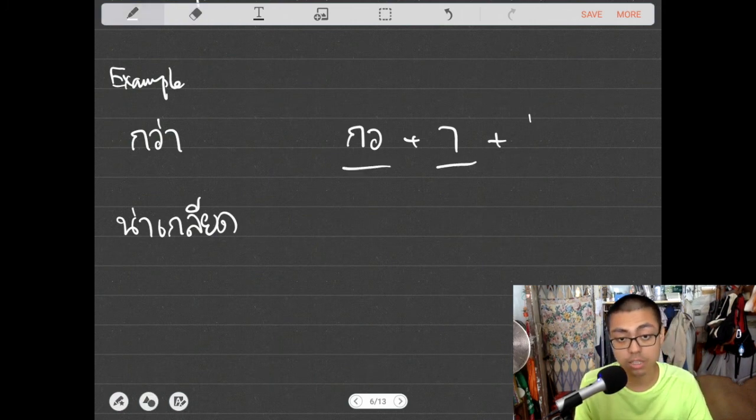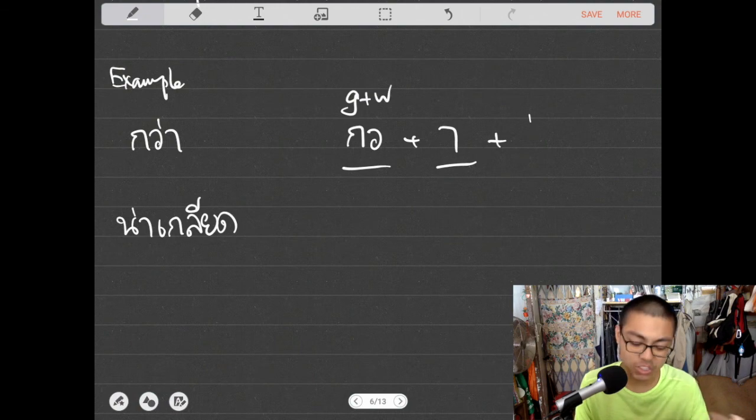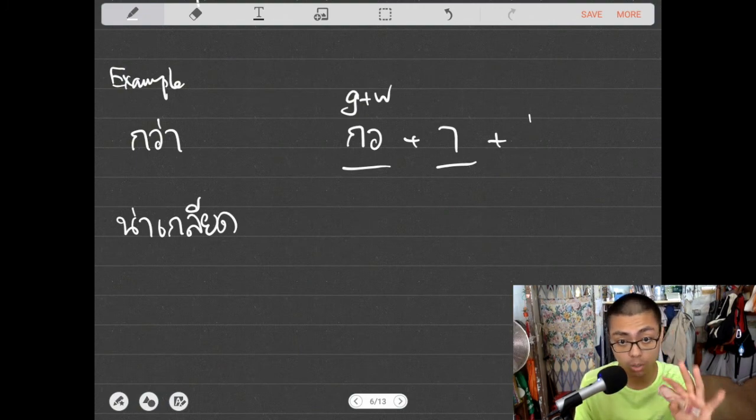So the consonant, again, this is a consonant cluster where ก and ว are put together. You can say the ก refers to the letter G, the ว refers to the W, and we put them together, we can make a gw sound. We add the vowel, sara a, gua.